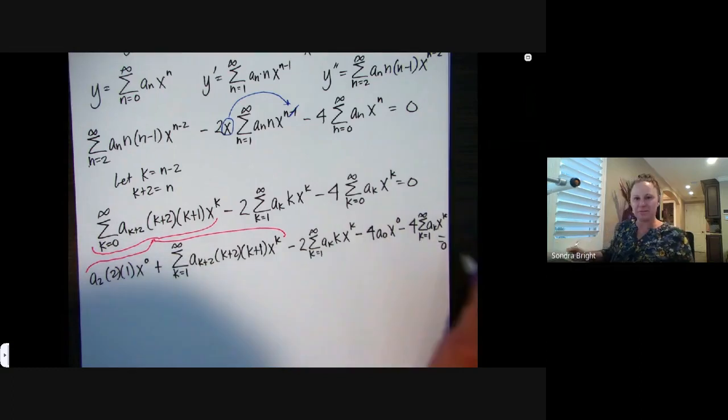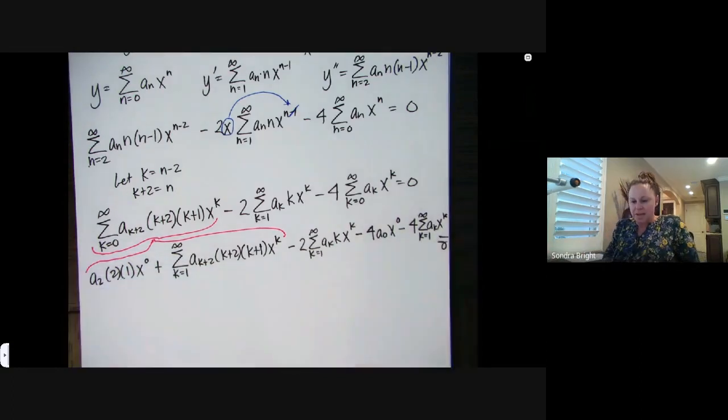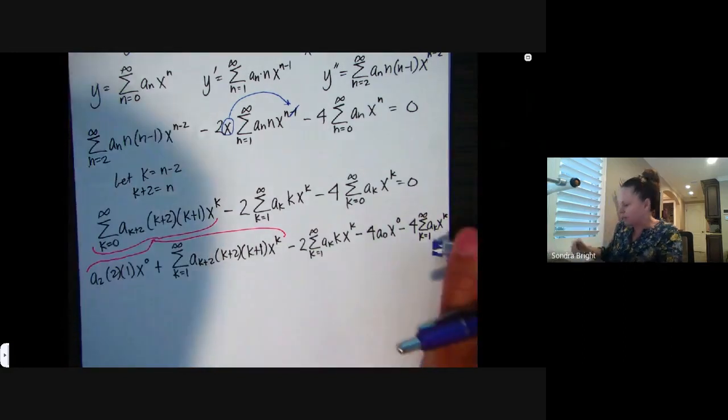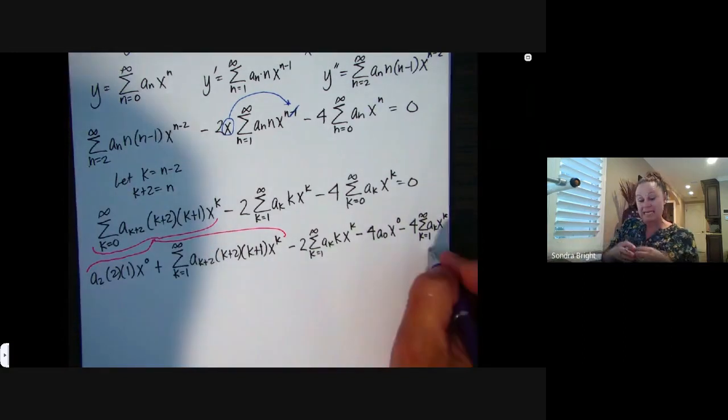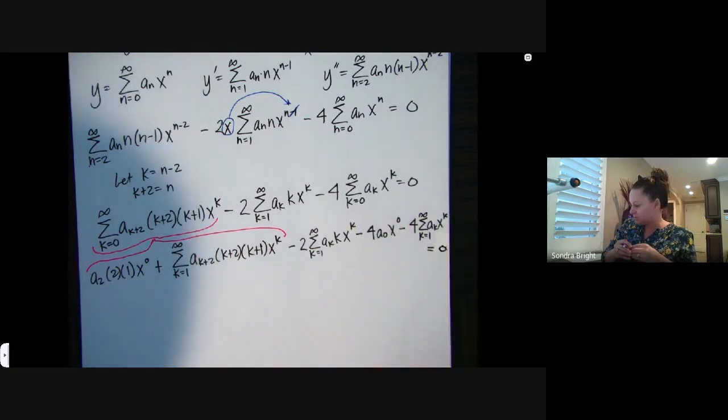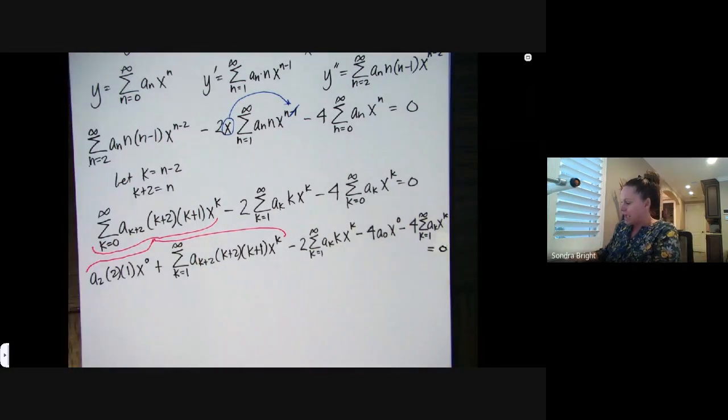Sorry, I ran out of room. Equals 0. Okay. So I'm going to group up. Keep in mind, this is equals 0 on the right-hand side here. So I need to equate coefficients.